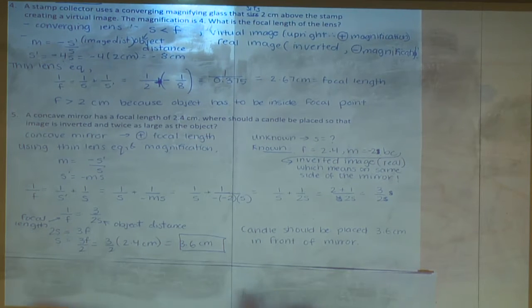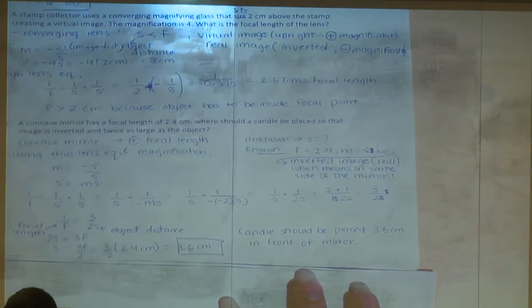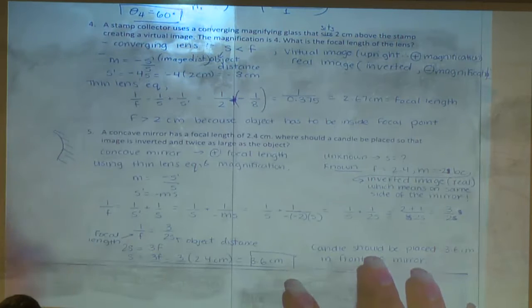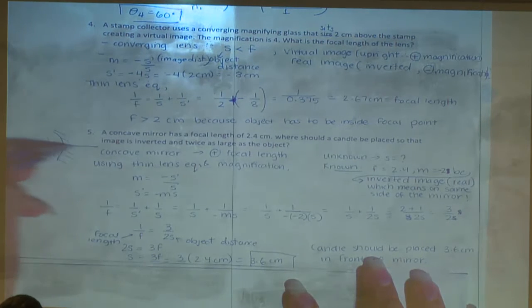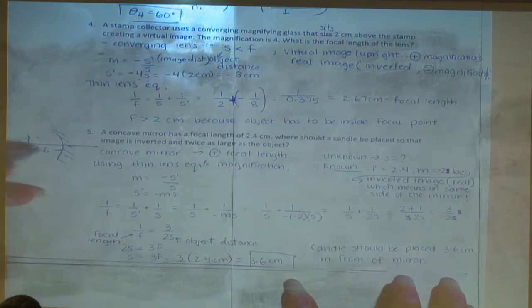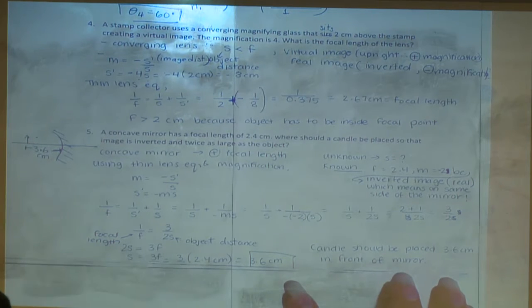Therefore, the candle should be placed 3.6 centimeters in front of the mirror. So it's going to look something like this. Right, that's a concave mirror. Oh, you can't see it. So then our object should be somewhere right here, 3.6 centimeters from the mirror. That's what that means. Okay.